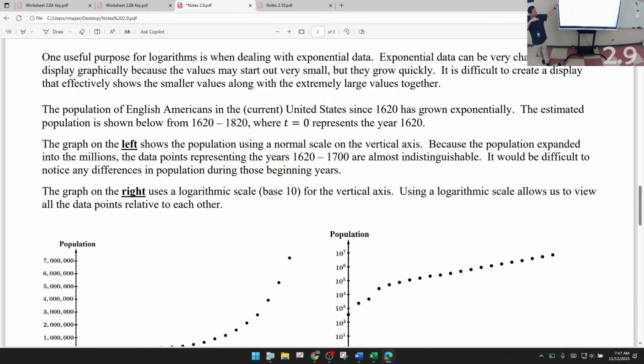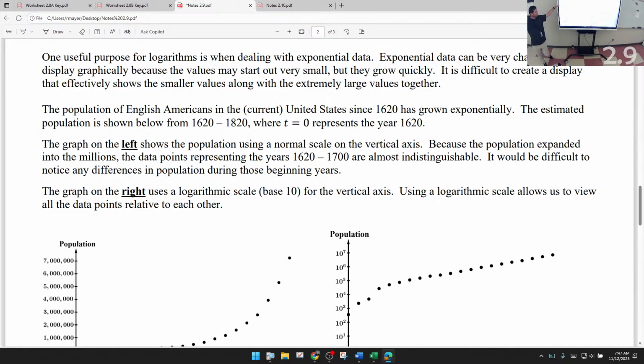It's difficult to create displays that effectively show the smaller values along with the extremely large values, right? 2 starts off with 2, and then it goes to 4, and then it goes to 8, and we get to 32, and by now we've gotten too big of a graph because I don't go all the way up to 64. Okay?